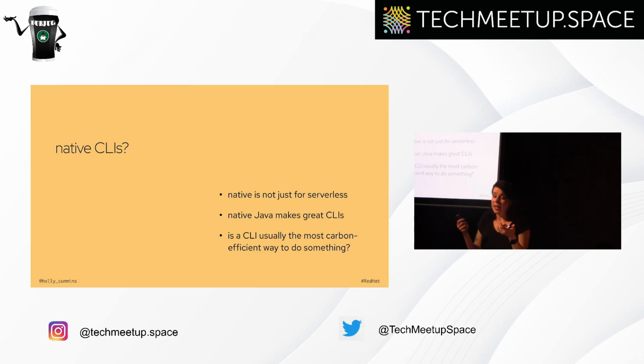So you can do some quite cool things with that. I don't have the data to show this, but I have an idea that a CLI is probably a pretty carbon efficient way of doing many tasks. So maybe that's something to look at: could I do more on the CLI and less with big UI frameworks? Maybe that would be a saving. I don't know.